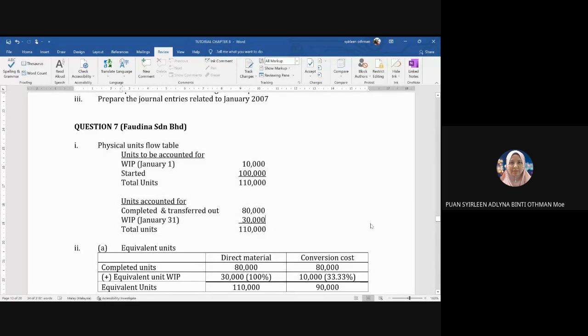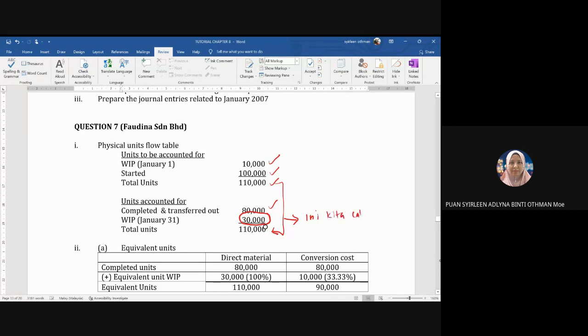So dia punya syarat, sebab beginning dah diberi, started pun dia bagi 100,000. So you akan dapat 110. So yang ni dua ni mesti sama. Completed dia bagi, ini tak tahu. So ini yang you kena cari. That 30,000 is your ending WIP.